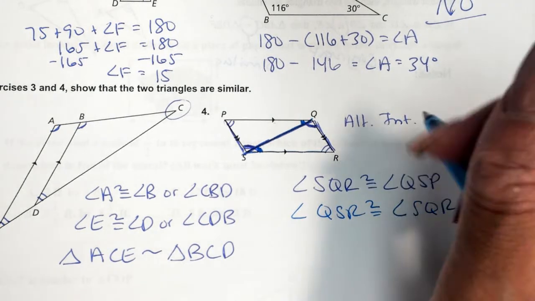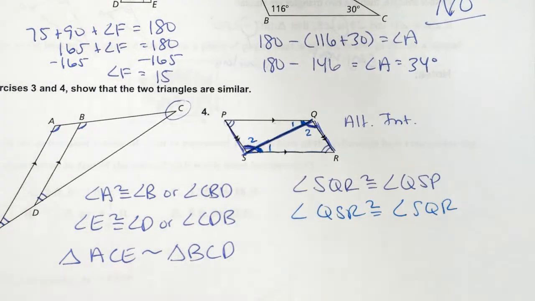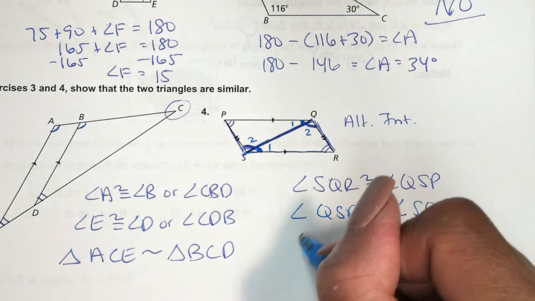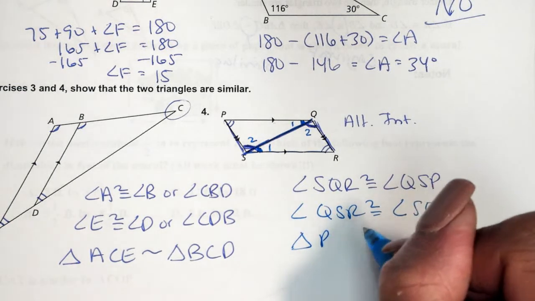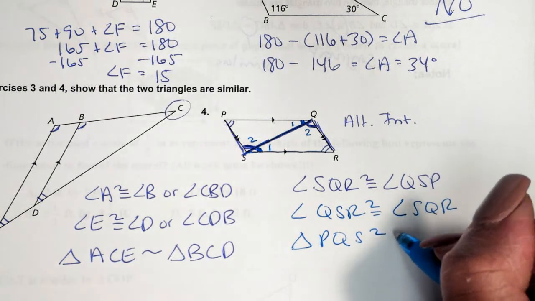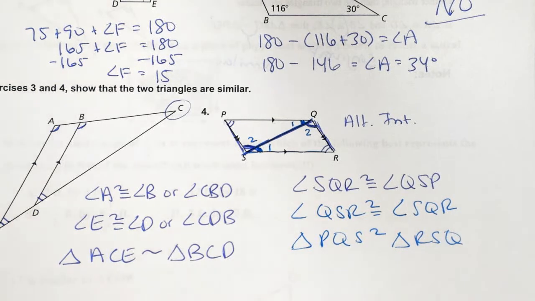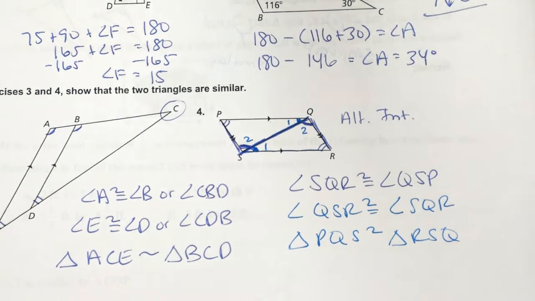If you notice, I would do 1, 1, and this is 2 and 2. You notice that on the board that we've done recently. And so my triangles are similar. So triangle PQS is similar to triangle RSQ. Okay, so that is how to do number 4.